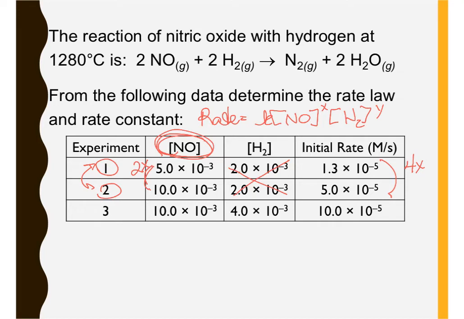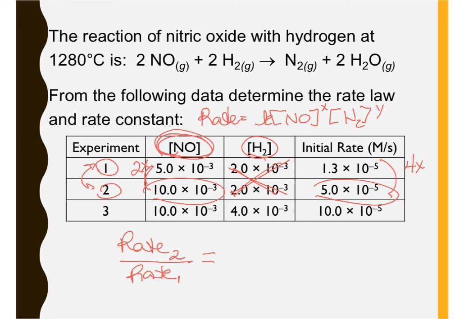So again, I always like to put the larger numbers in the numerator. So I am comparing experiment 2 to experiment 1. I have 2 on top just because the numbers are larger, but you could put 1 on top. And remember that I can leave out the rate constant K from these ratios, and I can also leave out the concentration expression for the reactant that's staying constant.